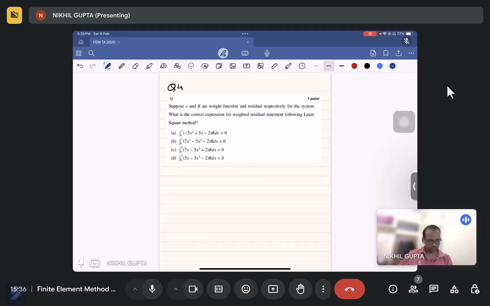Anyone will remember how to write the weight function in the least square method? Anyone, just a random guess is also okay.